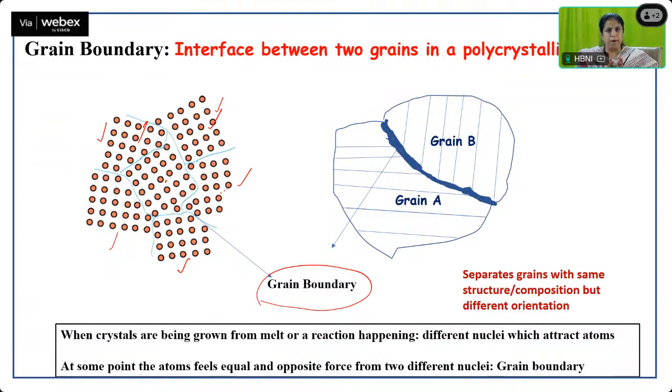Now, at some point, when different nuclei are attracting the atoms towards themselves, the atoms might feel equal and opposite forces from two different nuclei. Then what will happen? Those atoms will neither be able to go to nucleus A nor to nucleus B. They will settle down there, and there the crystalline structure will not be the same as what was growing along with that nucleus, and they form what we call the grain boundary.